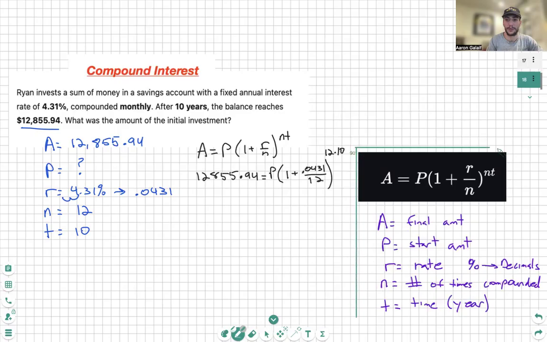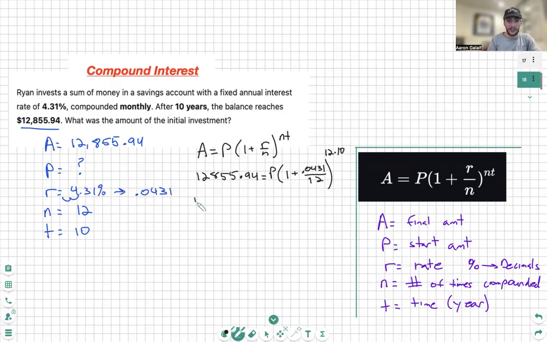Beautiful. Okay. Next, we're just going to use a calculator and plug this part in. So I'm going to plug in 0.0431 divided by 12 plus 1.